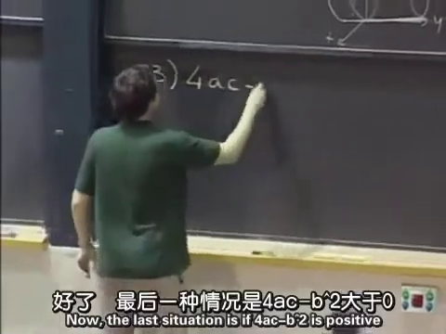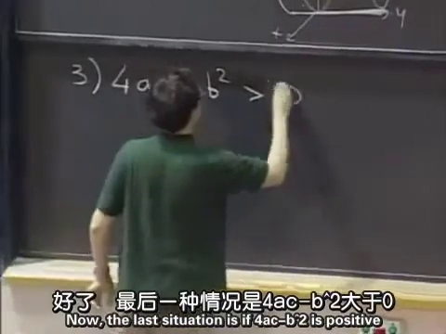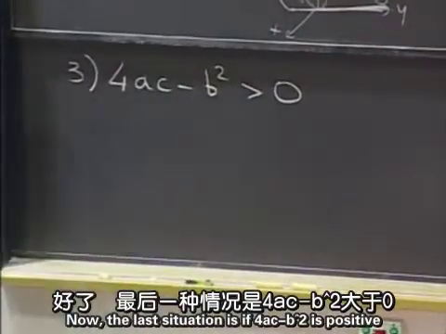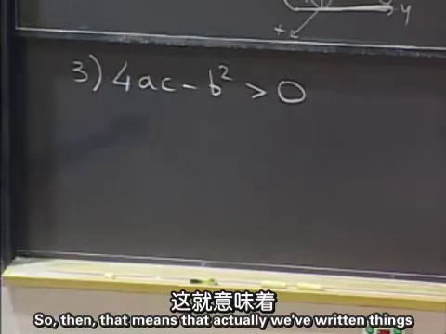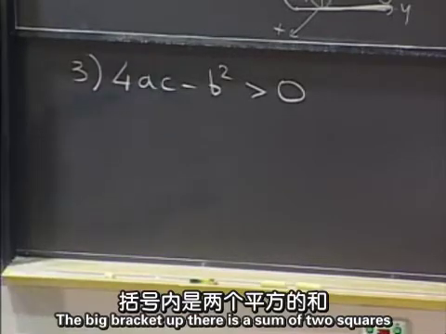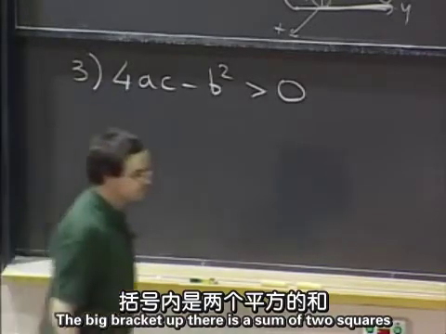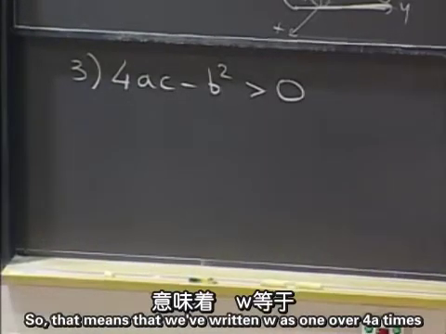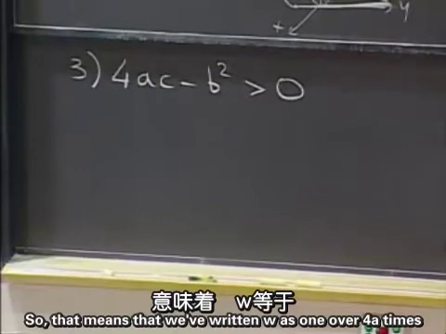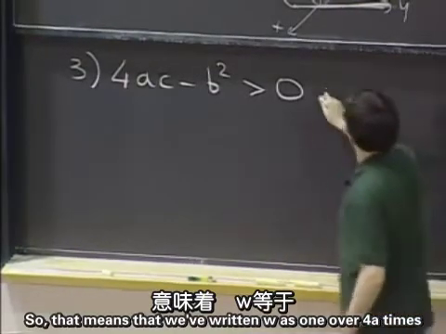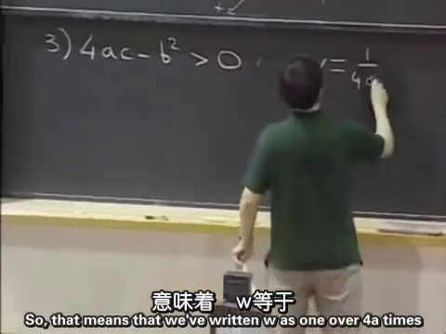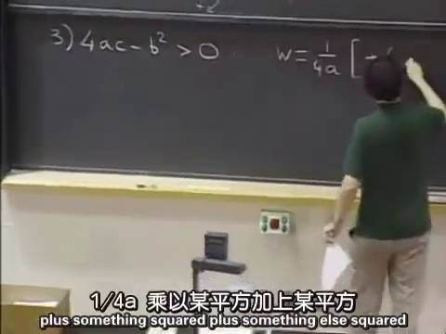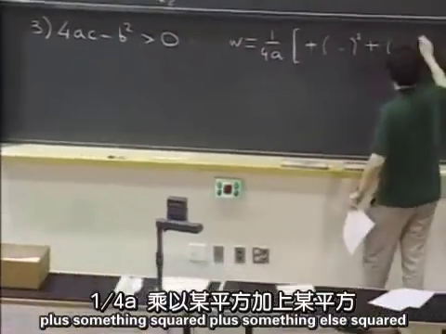Now, the last situation is if 4ac minus b squared is positive. Then we've written things so that the big bracket up there is a sum of two squares. So that means we've written W as 1 over 4a times something squared plus something else squared.